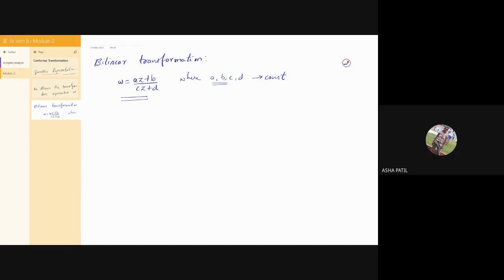And, to ensure that this transformation is conformal, the constants have to satisfy the condition that ad minus bc is not equal to 0. If this condition is satisfied, then only the transformation will be conformal.